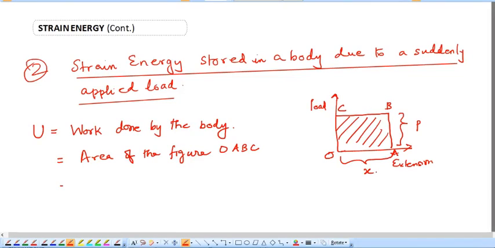So what is the area of the figure? It is rectangular in shape. So I am multiplying breadth and height. So I will be getting P into X. Strain energy is equal to load into extension.